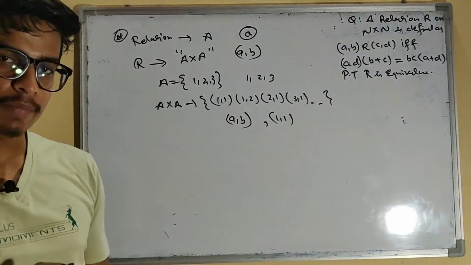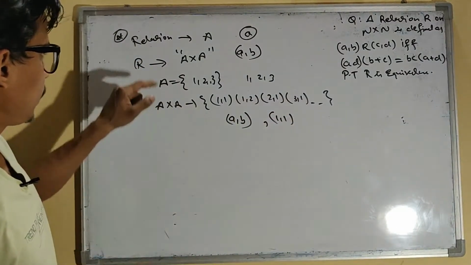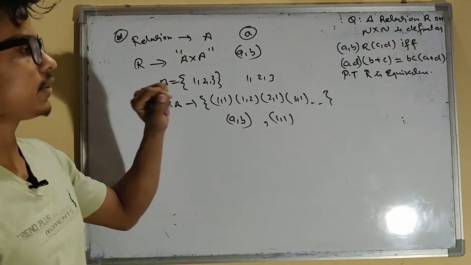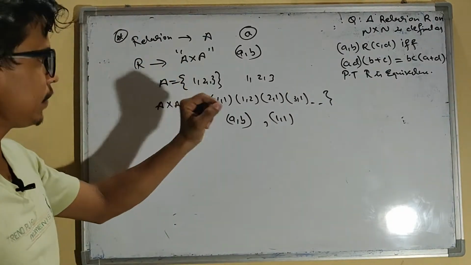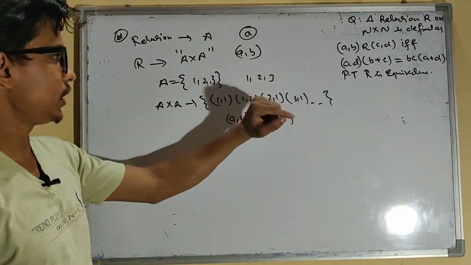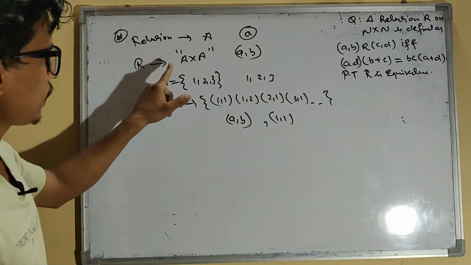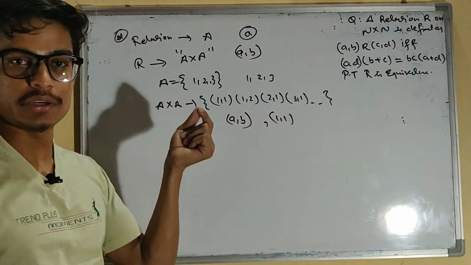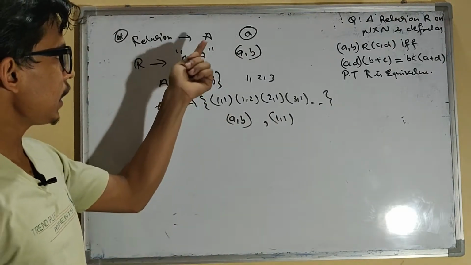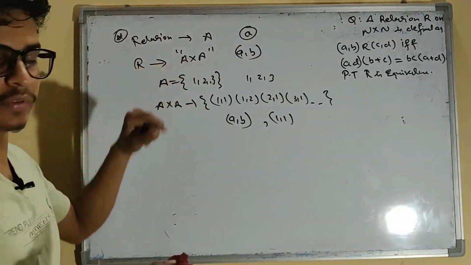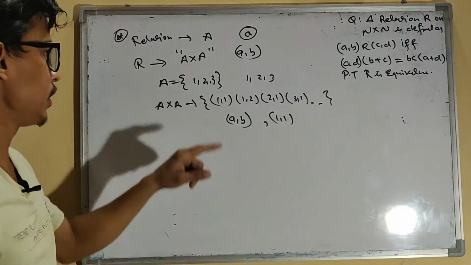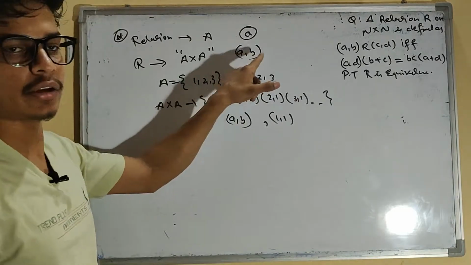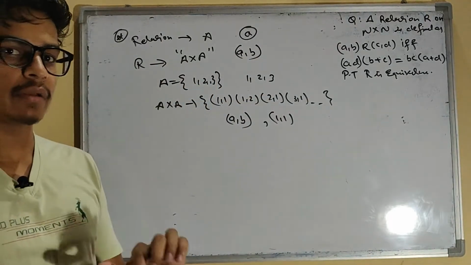That is why you have to keep in mind: when a relation is defined on a set A, the elements are single elements, 1, 2 and 3. And when a relation is defined on the Cartesian product of two sets, the element of the relation, and even the element of the set from which we are retrieving this relation, A cross A, is going to be like (a, b). You're getting my point?